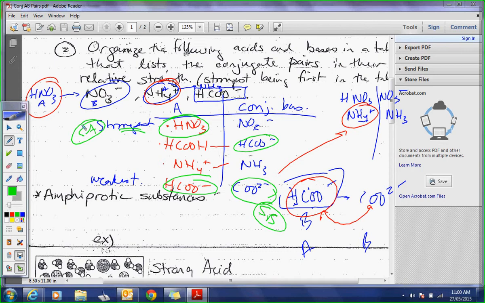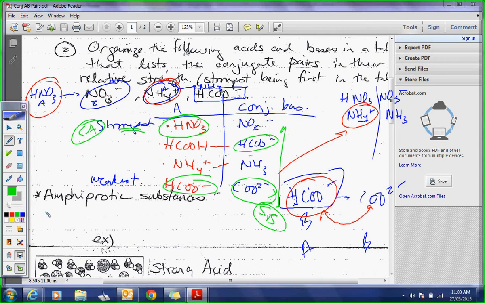Get it? Okay, so conjugate acid-base pairs, tick. Strongest acid to weakest acid, tick. The opposite end of the scale is strong base to weak base, tick. We're good? Good.